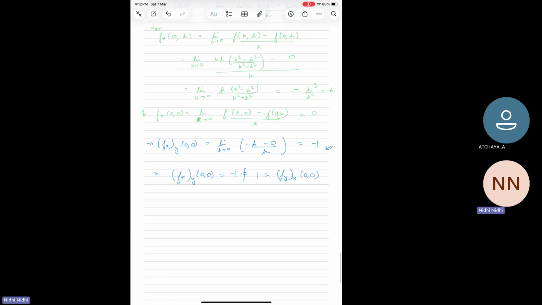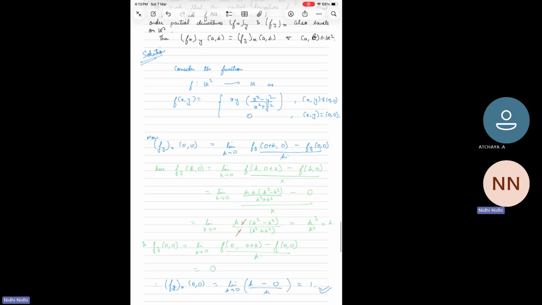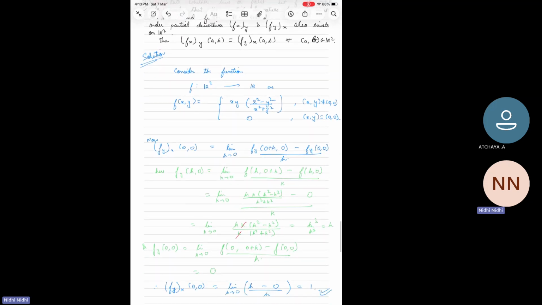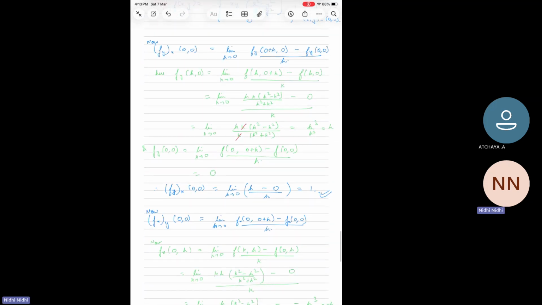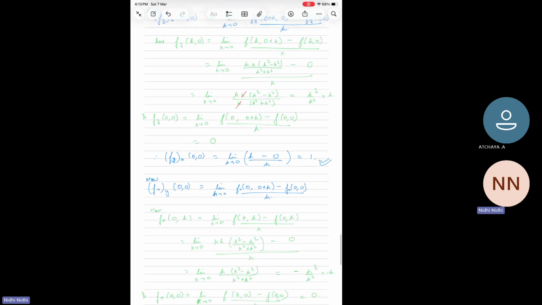So therefore, even though the derivatives of second order exist, this ordering can bring a change in the value. So basically fxy and fyx need not be the same. I hope this is clear. Please go through the solution, and if you have any doubt at any point about the calculations, please let me know.